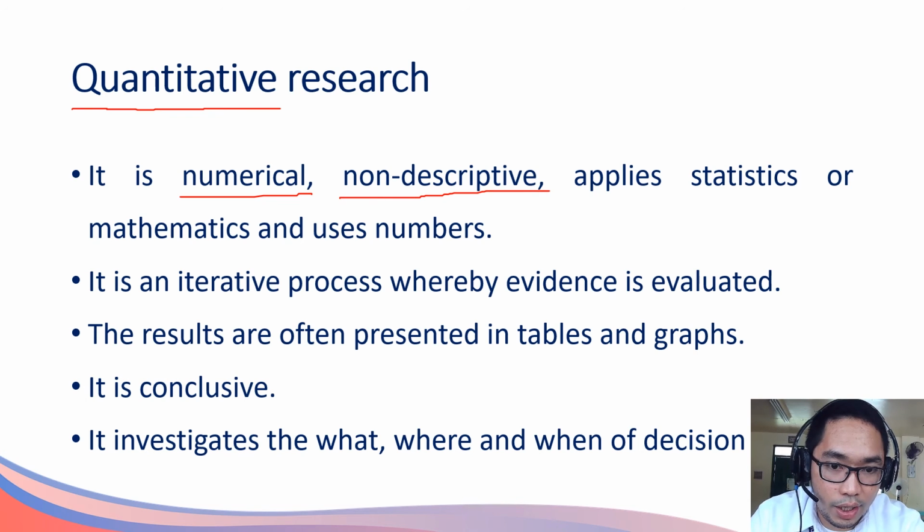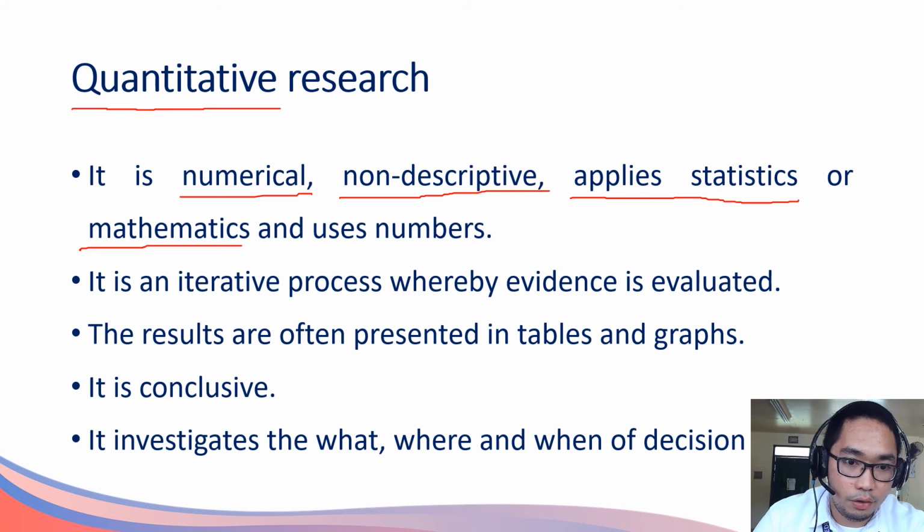Of course, if you have numerical or quantitative data, we apply statistics or mathematics to interpret the data, and use numbers to represent the entire raw data. It is an iterative process whereby evidence is evaluated. The results are often presented in tables and graphs.